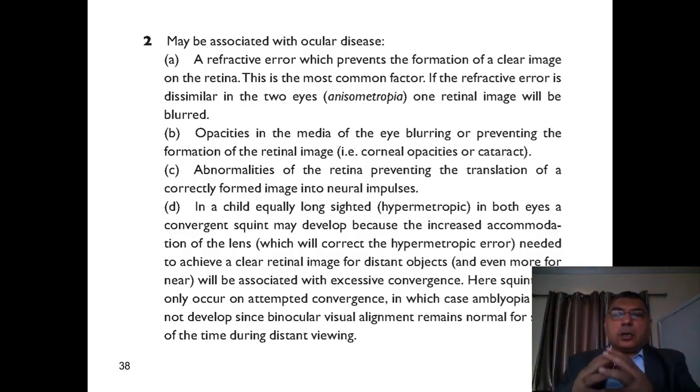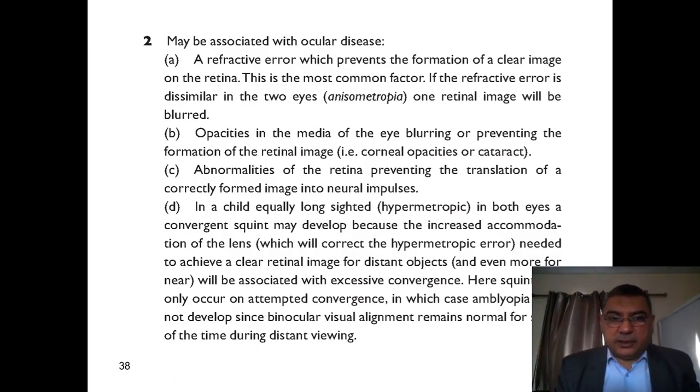Number B, if there are ocular media opacities in the right eye, as in our example, it can occur in any eye, but in our example, the right esotropia, for example, corneal opacities or cataracts, preventing a clear image from reaching the retina. Number C, abnormalities of the retina.